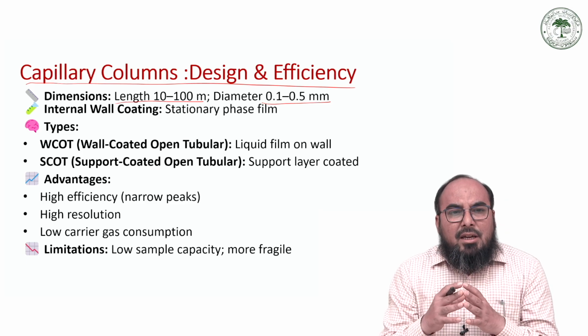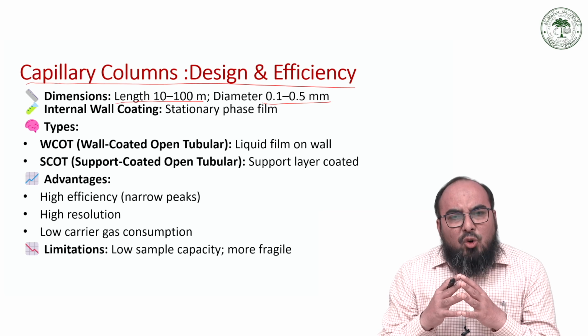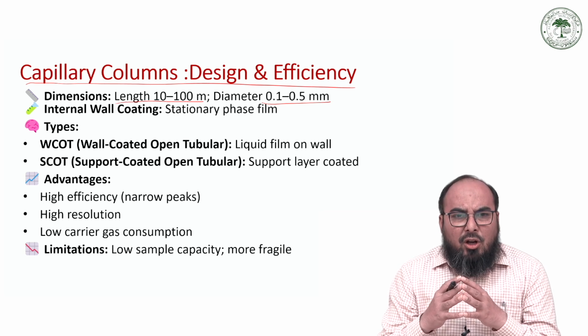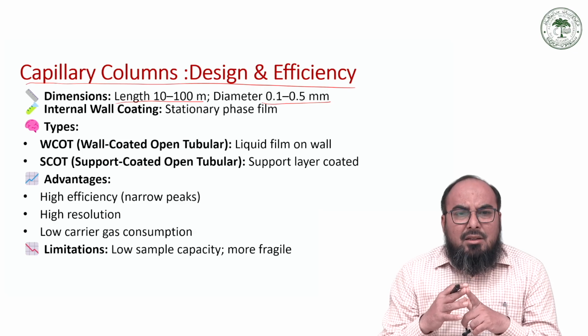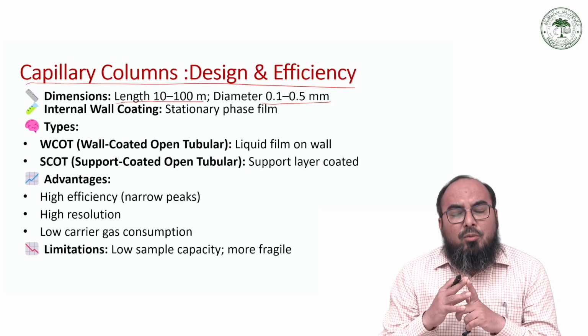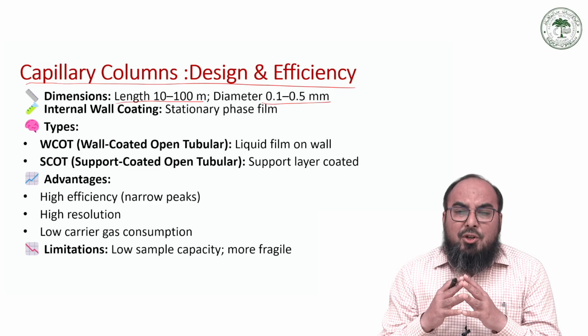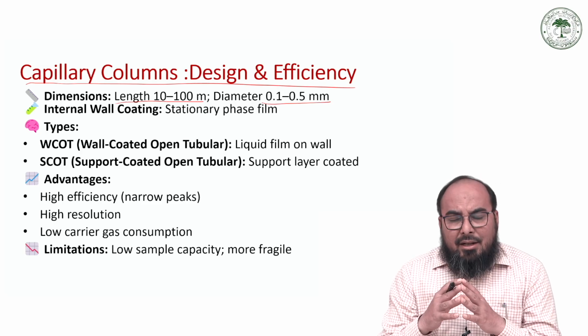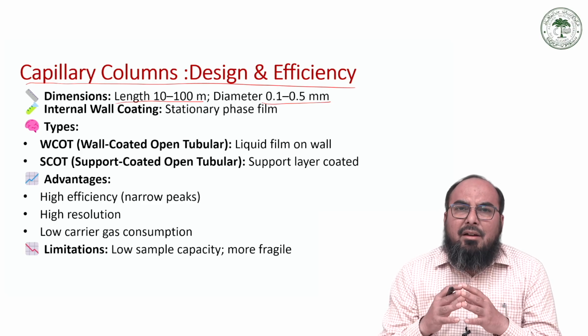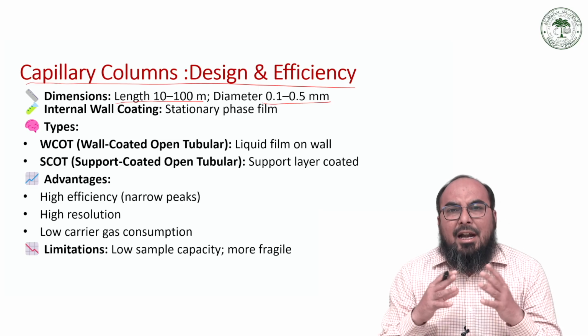Now broadly speaking, these open tubular columns or the capillary columns may be classified into two categories, that is the wall coated open tubular columns and the support coated open tubular columns. And again, these two subcategories have certain advantages.